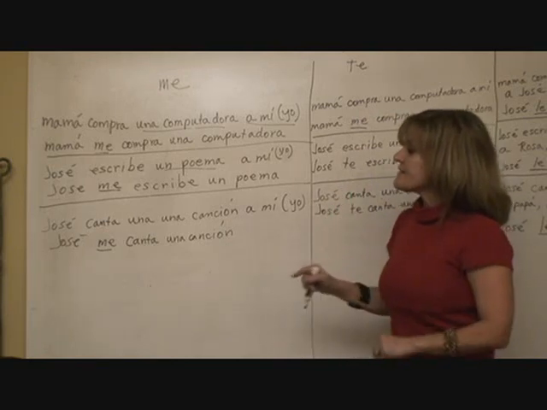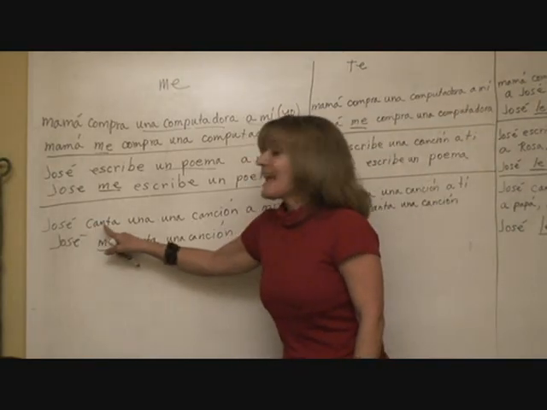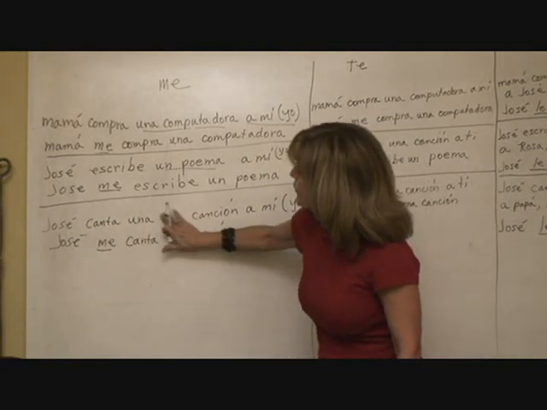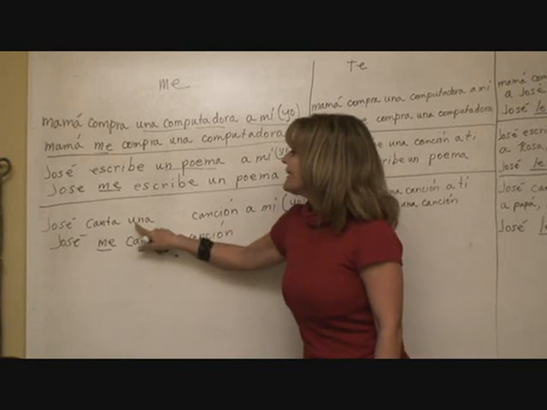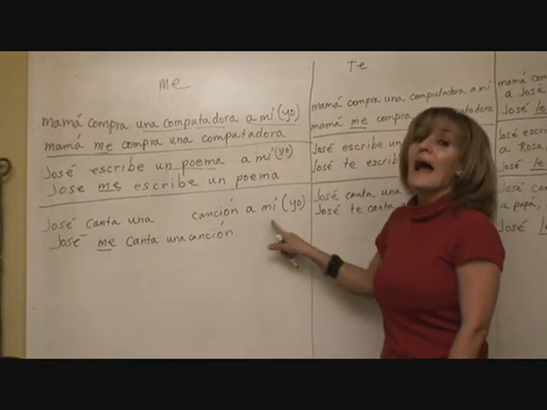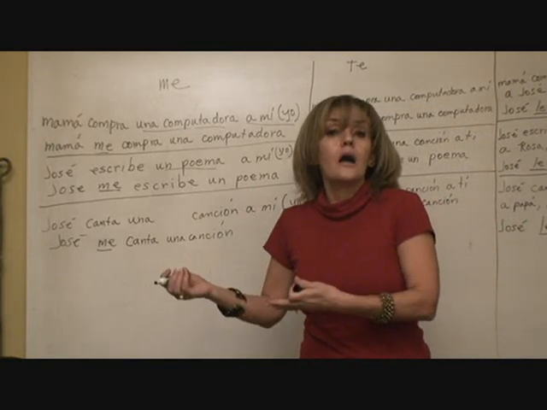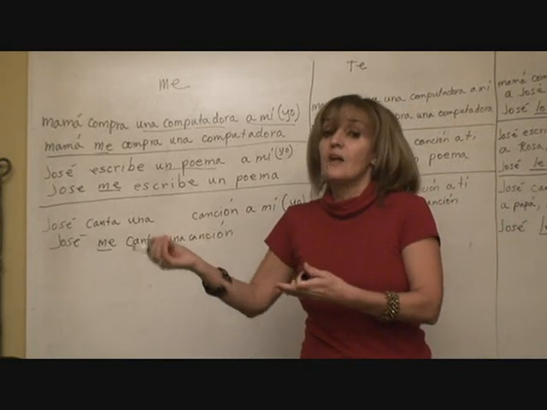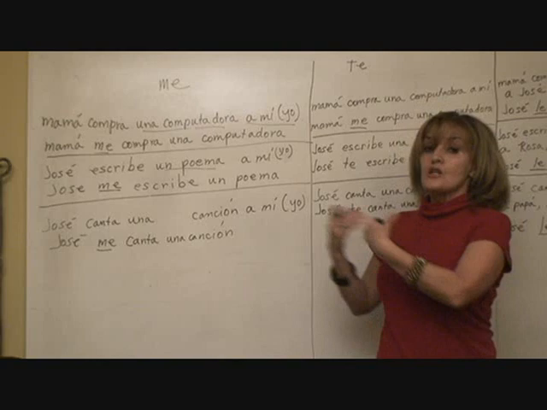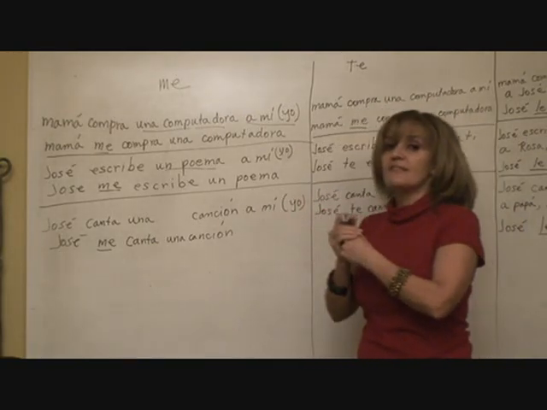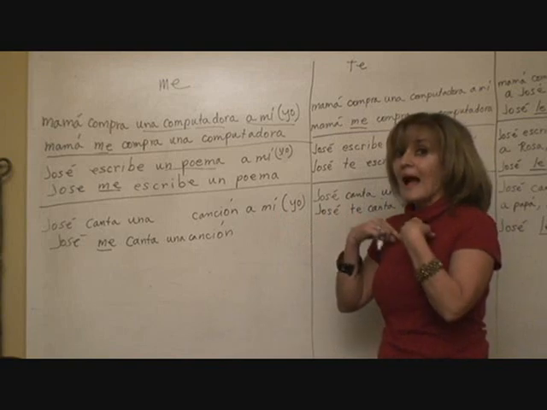A third sentence. José canta una canción a mí. José sings a song. That's a direct object, a song. A mí, to me. Now, to whom is José singing the song?